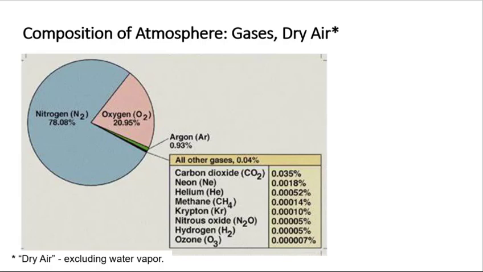It is seen that overwhelmingly the composition of the atmosphere is of 2 main molecules: diatomic nitrogen, or N2, consisting of 2 nitrogen atoms in a covalent bond, which comprises 78% of the dry atmosphere, and diatomic oxygen, or O2, consisting of 2 oxygen atoms in a covalent bond, which comprises around 21% of the dry atmosphere.